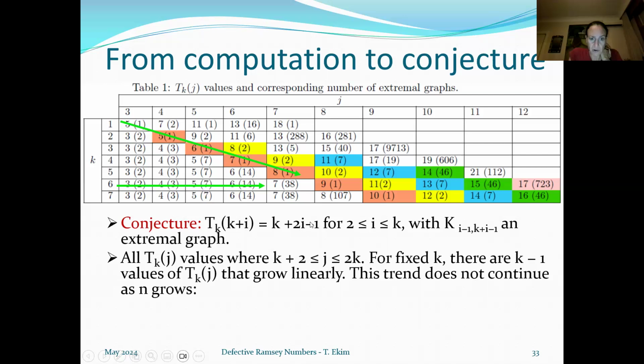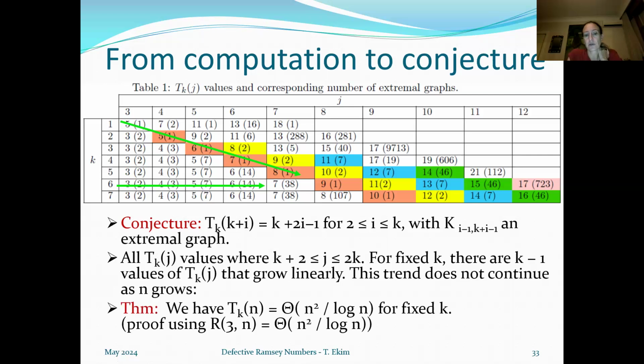As i grows and j equals k plus i, you have 9, 11, 13, 15, 17, plus 2 every time. So it grows linearly, and this is extremely unusual in Ramsey numbers. This is too regular. And we also know that this trend doesn't continue as n grows.